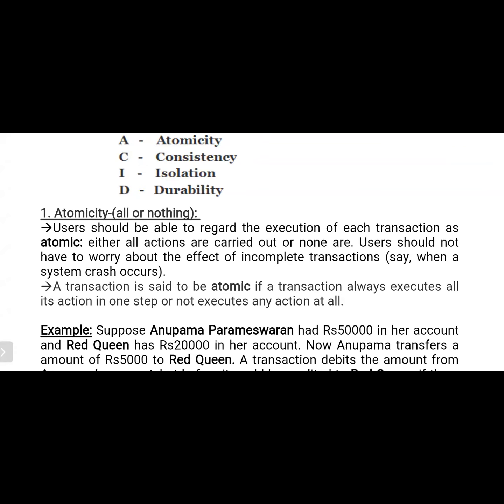That property is referred to as atomicity. That means consider either all or none of them. So only successful transactions are considered.